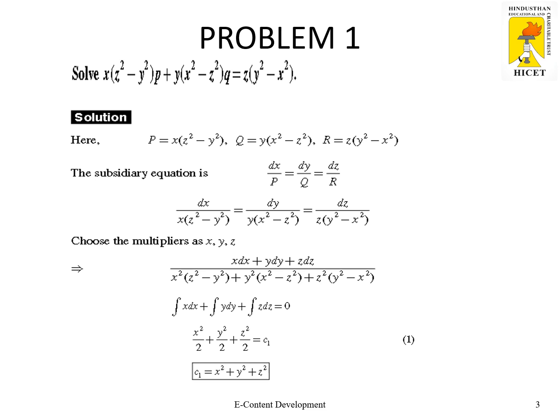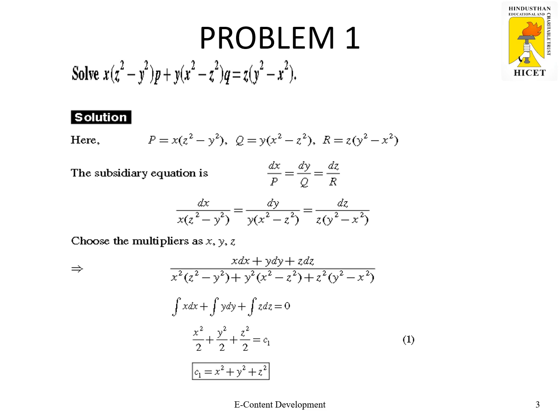Here I have tried x, y, z. So multiply x in the first ratio, x dx, denominator is x square into z square minus y square. Second term, dy by y into x square minus z square, you multiply by y. So we get y dy by y square into x square minus z square.